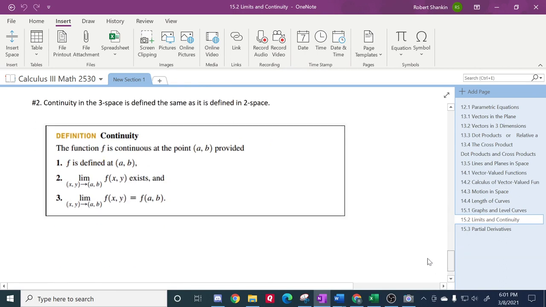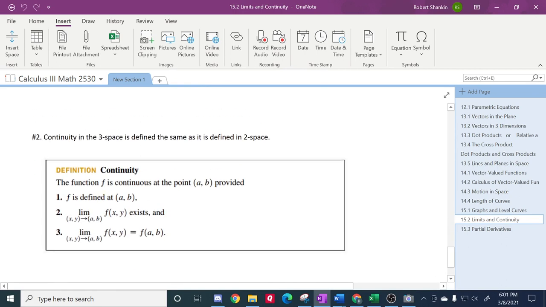So these three things all are a part of the limit as (x, y) approaches (a, b) of f of (x, y) equals f of (a, b).